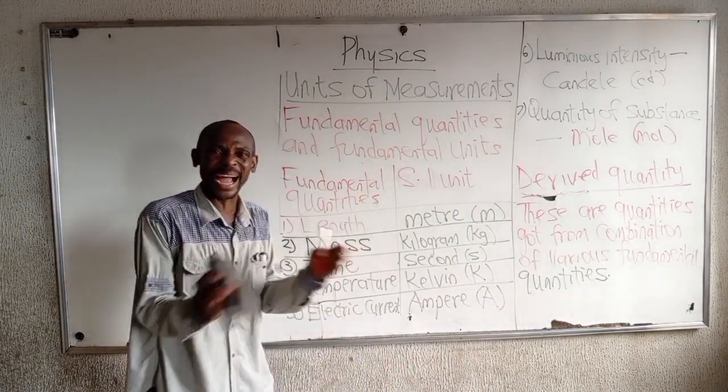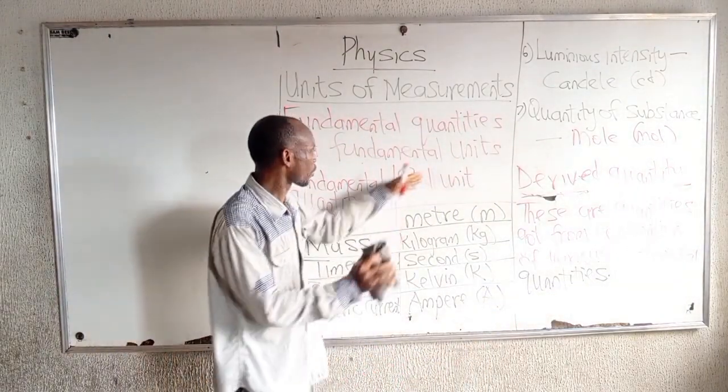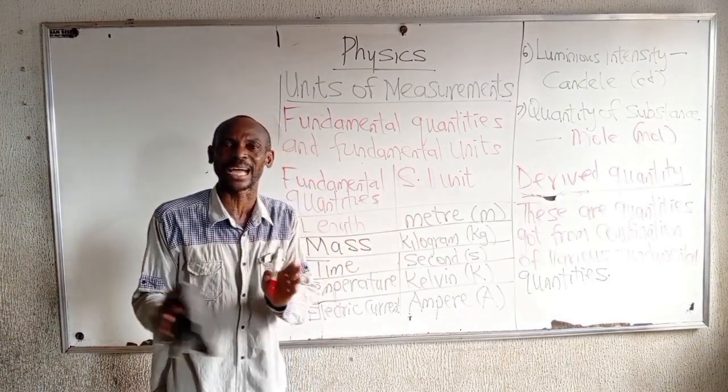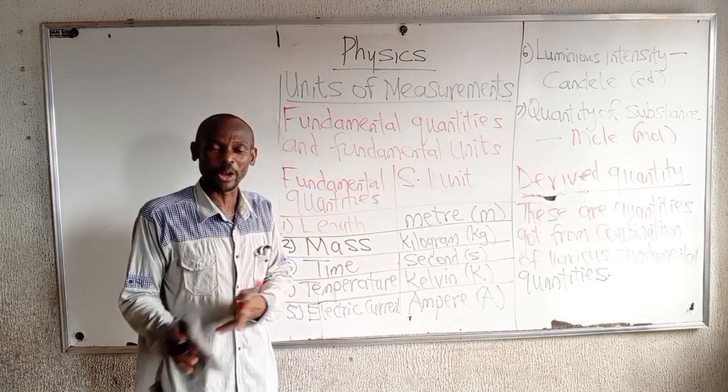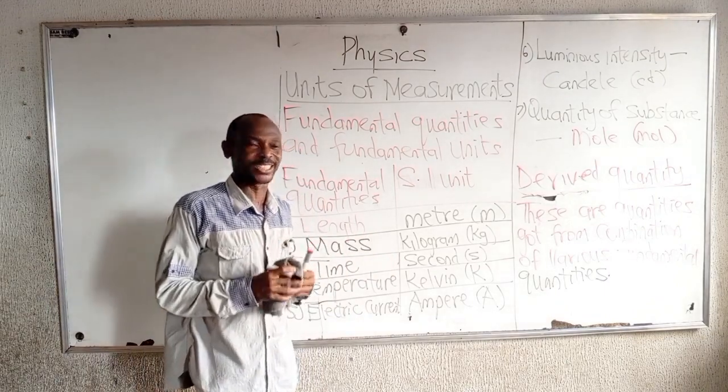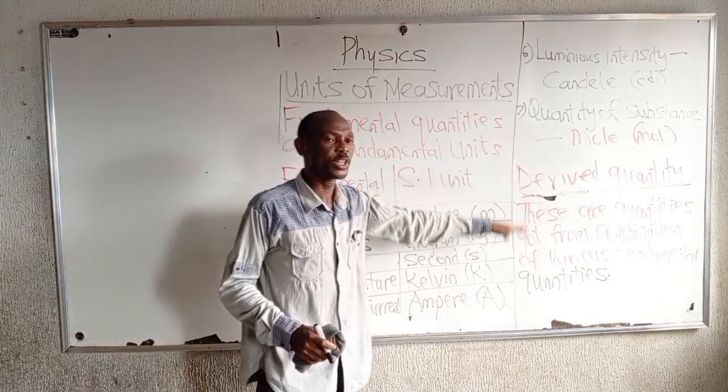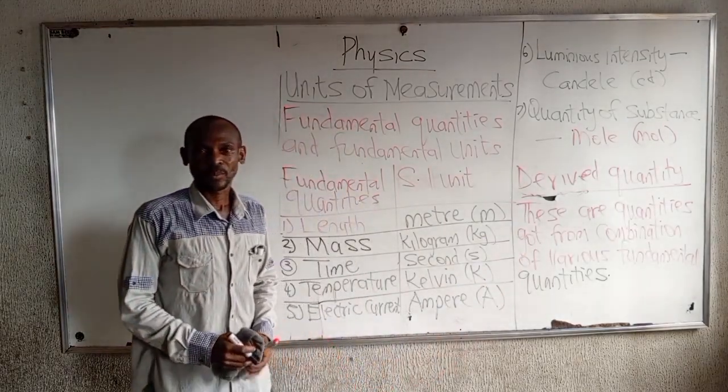When we combine our fundamental quantities in different ratio or proportions, we get new quantities that are called derived quantities.